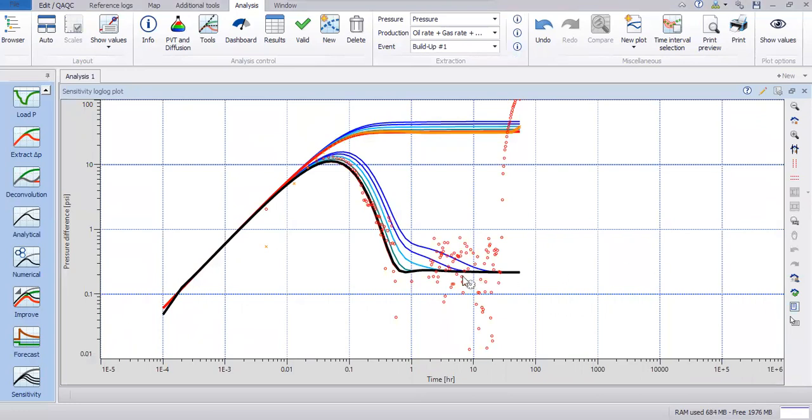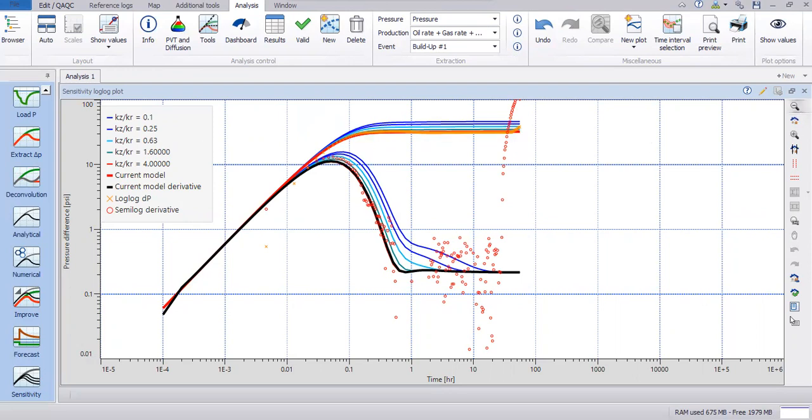Right click, legend. So if the KZKR is 0.1, the trend will be like this, and the pressure will be there, and this one 0.63.